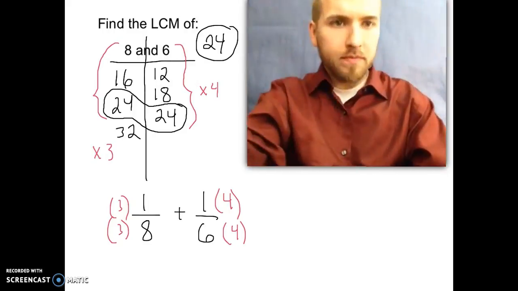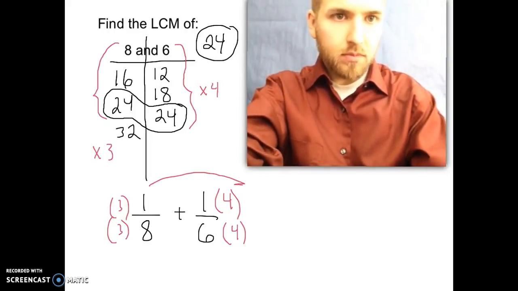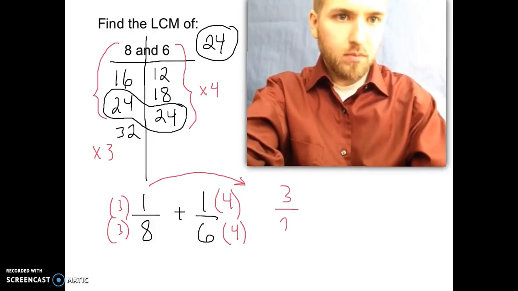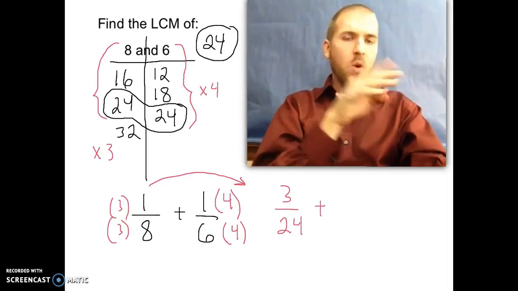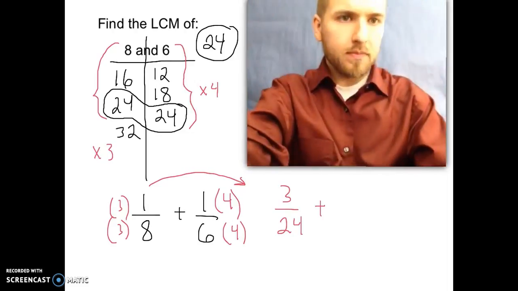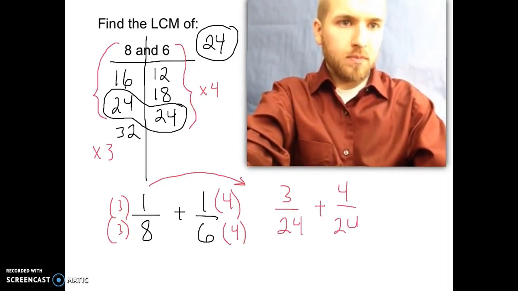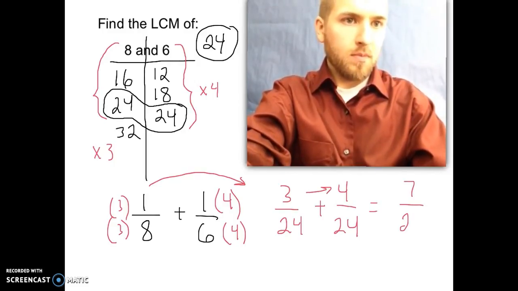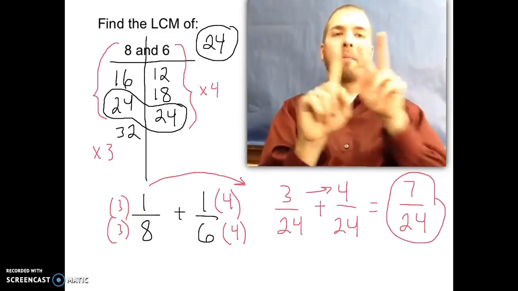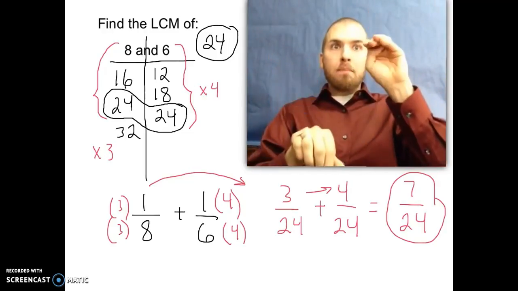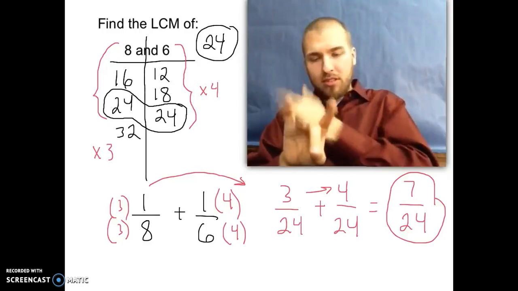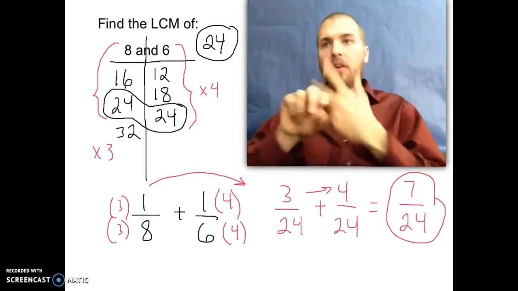So your new fractions will be 3 over 24 plus 1 times 4 and 6 times 4, so the other new fraction will be 4 over 24. Now you can add and get 7 over 24. So that's how you make a common denominator using the LCM of 24.